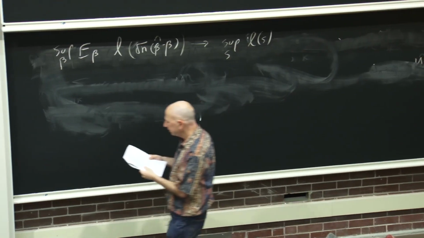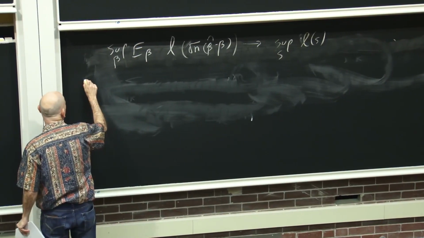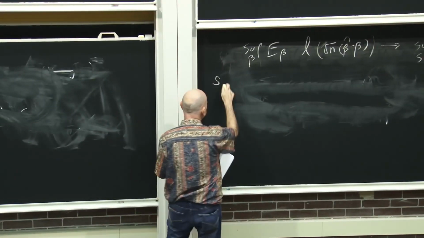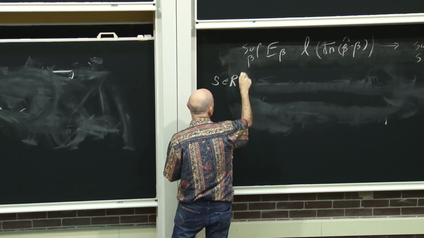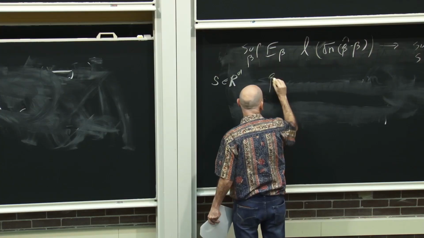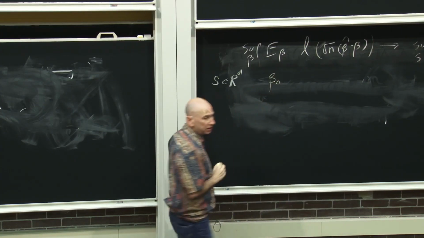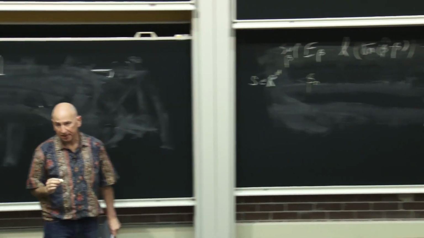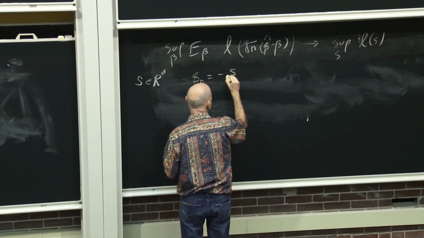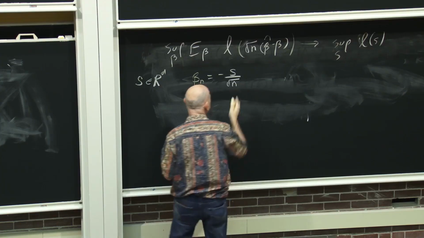We're going to pick an arbitrary s, some vector in our D. And I'm going to look at a sequence of vectors beta that are getting closer and closer to 0. They're going to be, in fact, equal to minus s over root n.